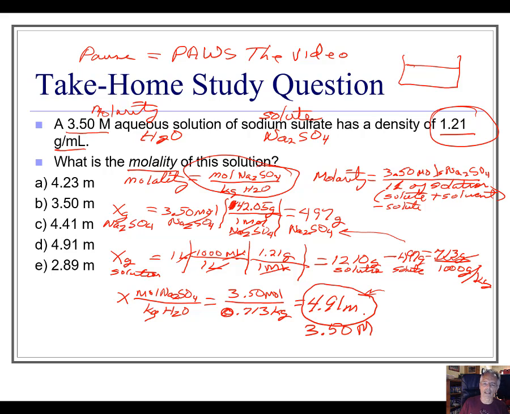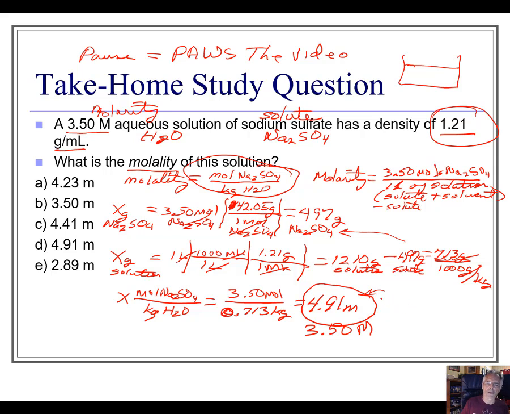So we've said this before. The molality and the molarity will be pretty close for dilute solutions. You'll typically have a little bit larger number for molality, because you've removed the solute from the denominator, giving you a smaller value, which results in a larger number for the molality than for the molarity. And they'll be pretty close to each other, usually somewhere within 10 to 20% of each other. All right? Now, here's what I recommend.